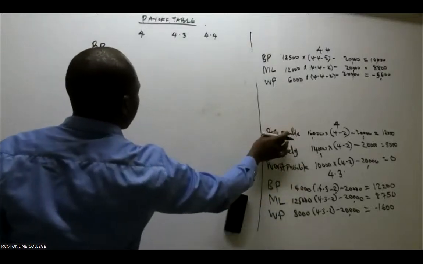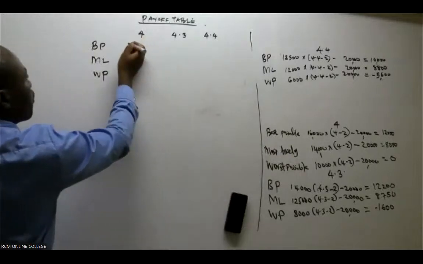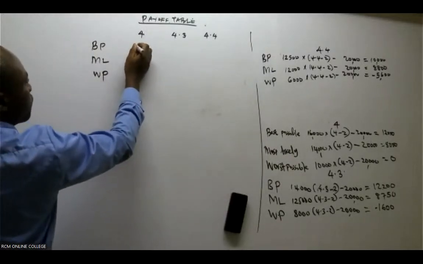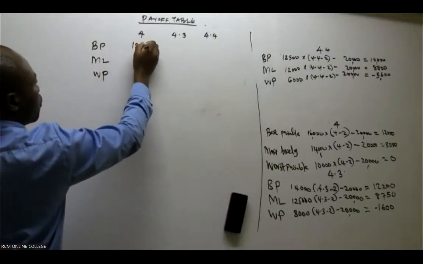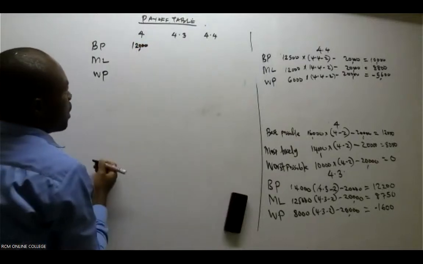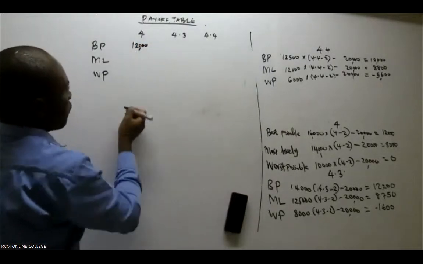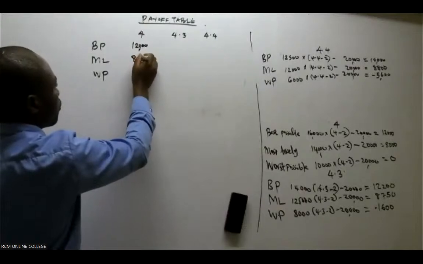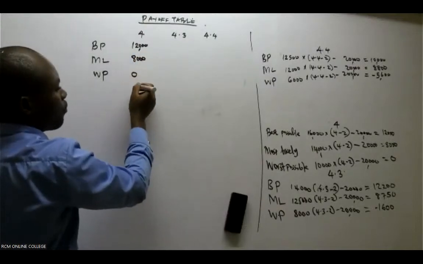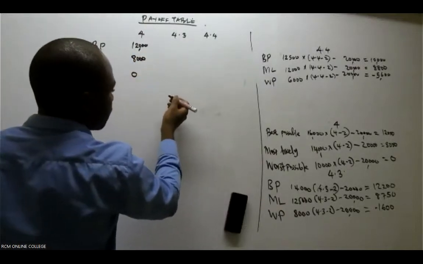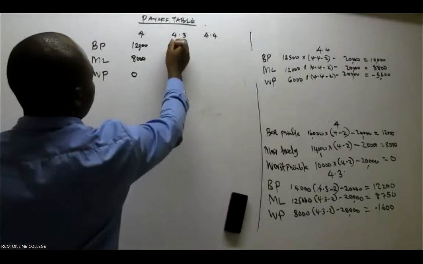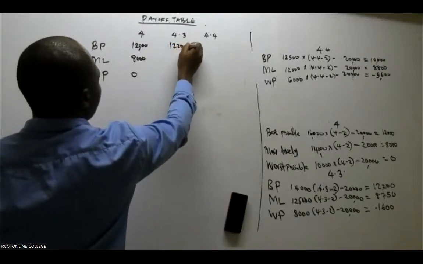4.3, 4 best possible, 4.4 best possible, we have 12,000. Then under 4 most likely, we have 8,000. We have 0. This other one, 4.3, we have 12,200.